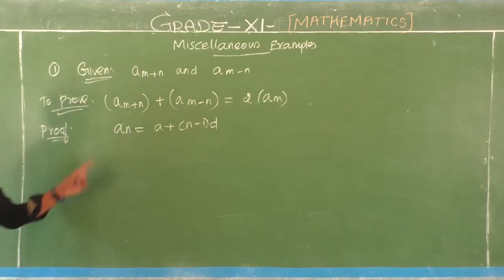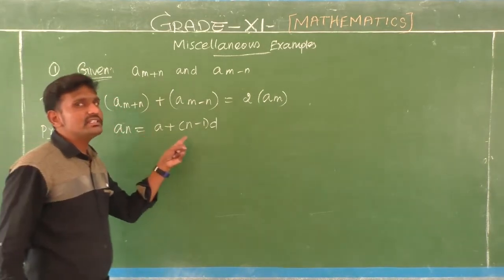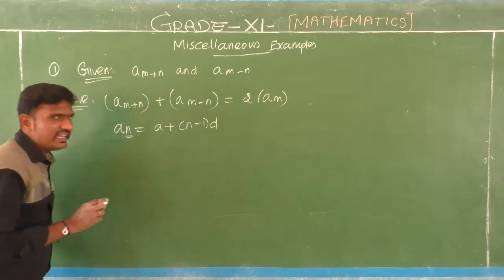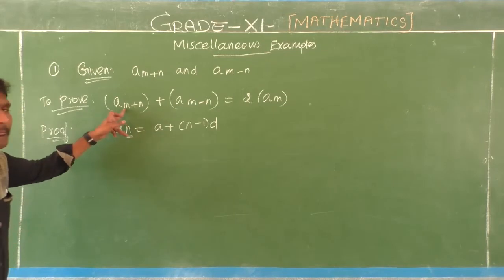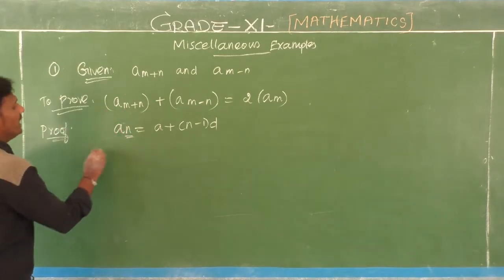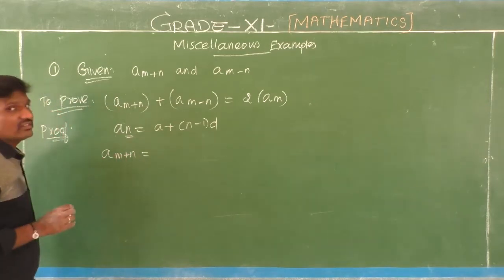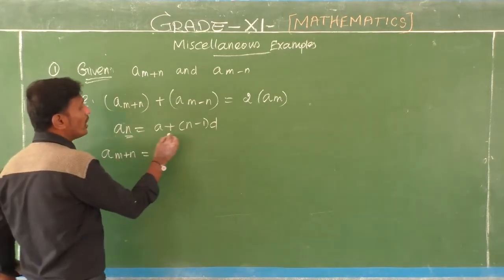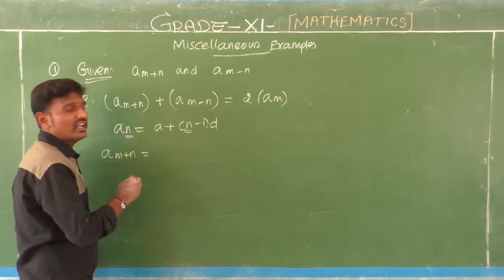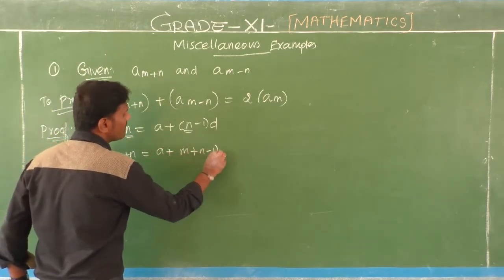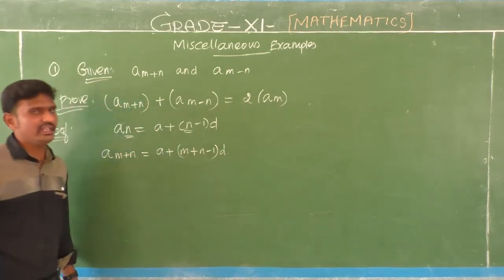What is the formula? An equals a plus n minus 1 into d. So for that, instead of n, I am going to substitute m plus n. Now a m plus n, I am using n equal to m plus n. So what will the formula be? a plus m plus n minus 1 into d.